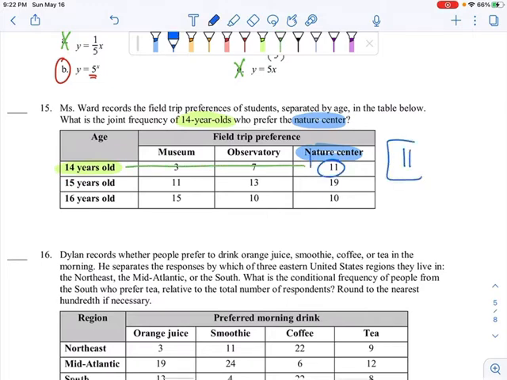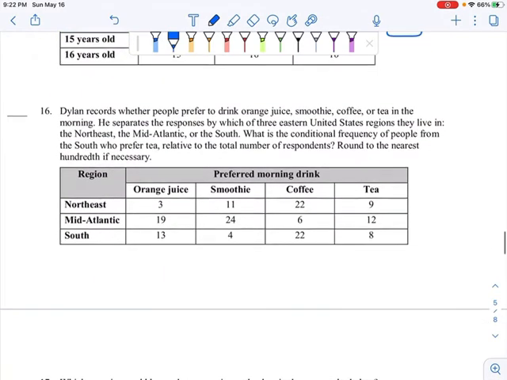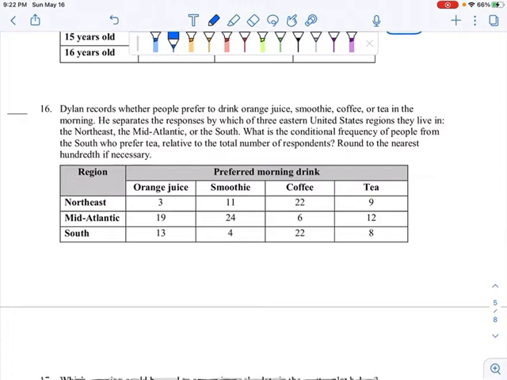Number 16, Dylan records whether people prefer to drink orange juice, smoothie, coffee, or tea in the morning. And then he separates the responses by which of the 3 eastern United States regions they live in, the Northeast, Mid-Atlantic, or the South.